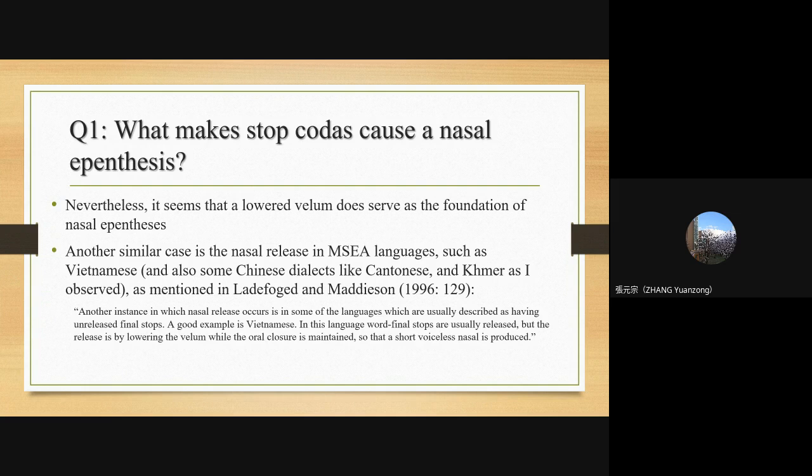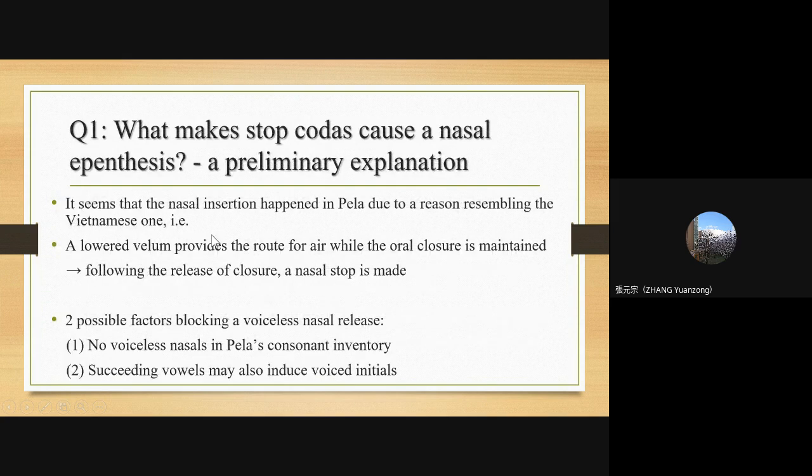Another similar case is nasal release in mainland Southeast Asian languages such as Vietnamese, and as I observed, in some Chinese dialects like Cantonese. There would be a nasal release after a stop coda. It seems that the nasal insertion happened in Pela for a reason resembling the Vietnamese one: a lowered velum provides the route for air while the oral closure is maintained.